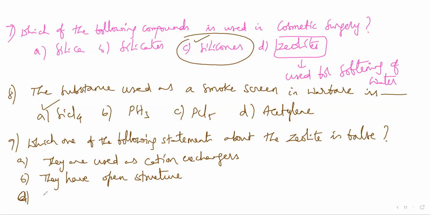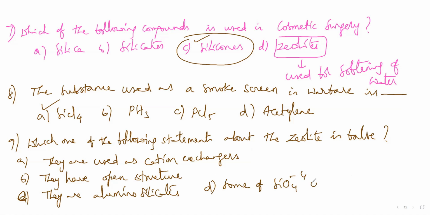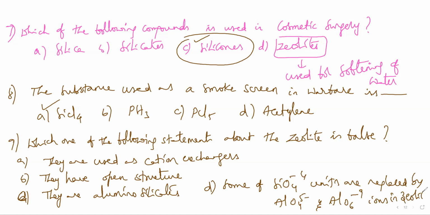C, they are aluminosilicates. D, some SiO4 4- units are replaced by AlO4 5- and AlO6 9- ions in zeolites. Okay, now which statement is false?